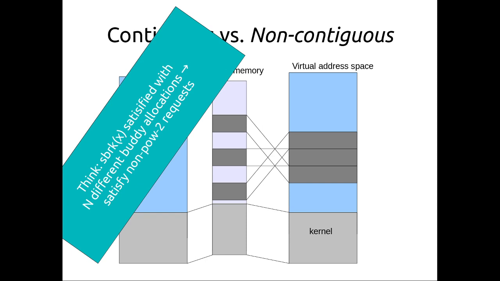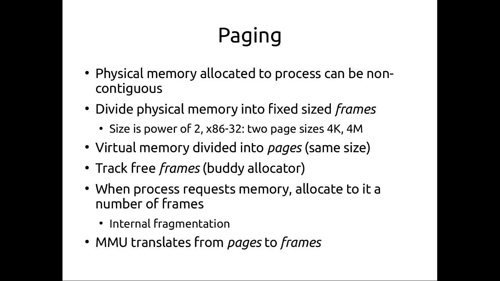But that means that the buddy allocator is most likely not going to give us those allocations contiguously. So paging is an attempt to be able to provide these physically non-contiguous allocations that can be mapped into arbitrary virtual addresses in a virtual address space.